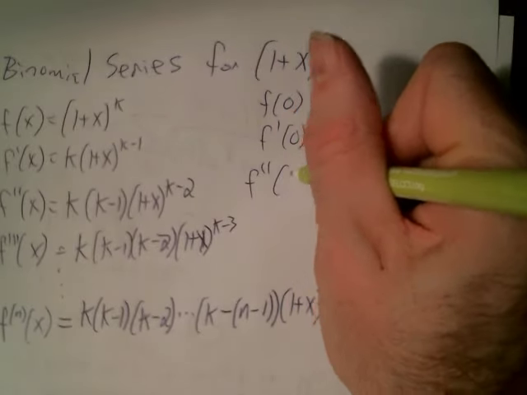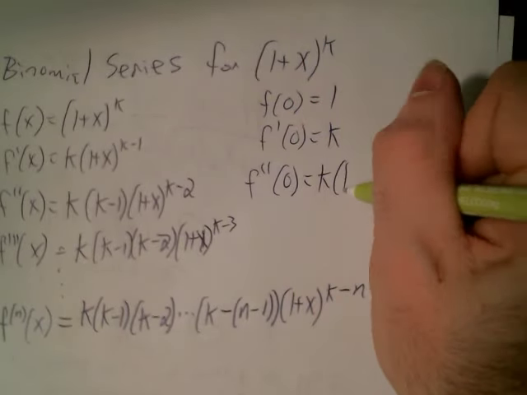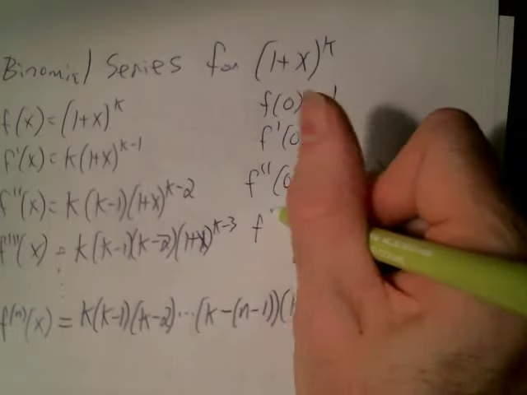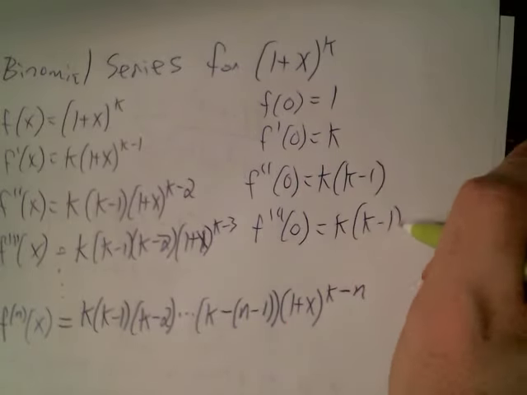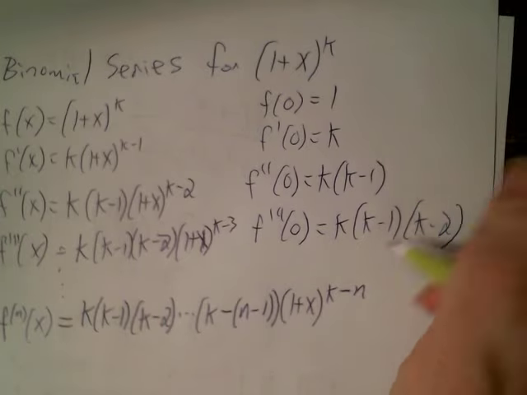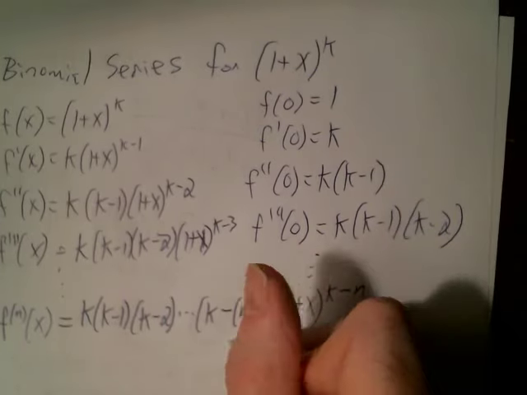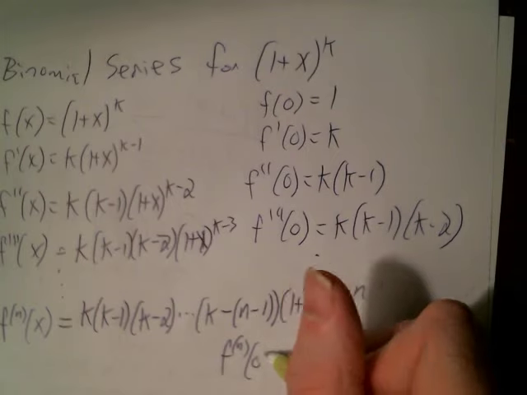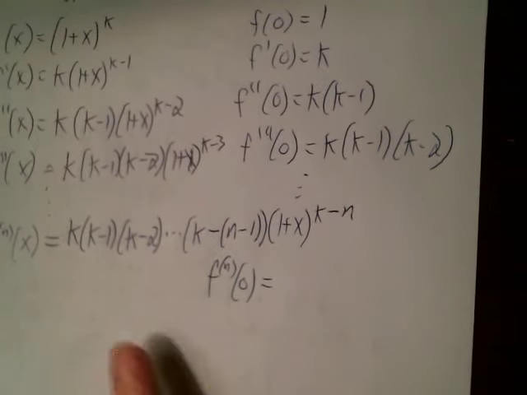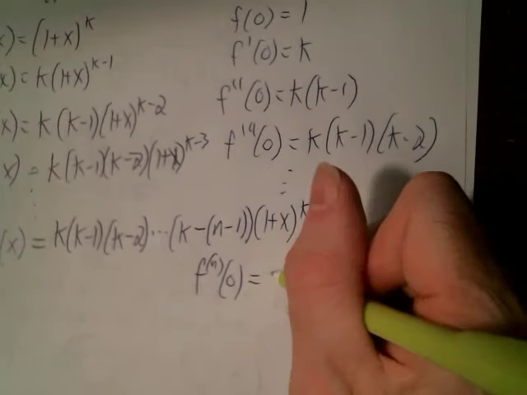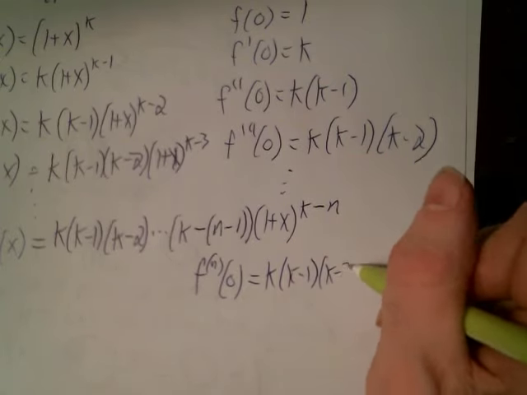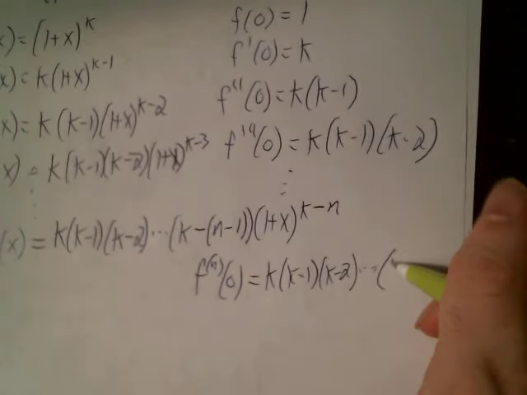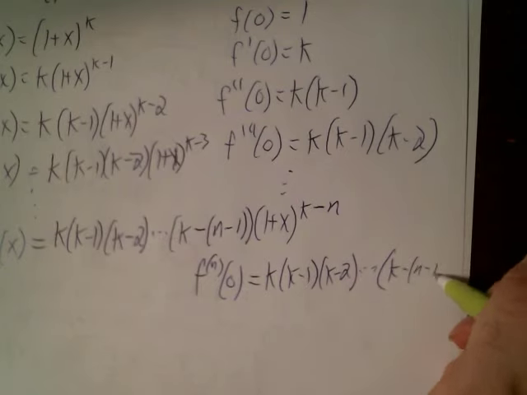F double prime of 0 is k times k minus 1. F triple prime of 0 is k times k minus 1 times k minus 2. And then in general, the nth derivative evaluated at 0 is k times k minus 1 times k minus 2 all the way down to k minus n minus 1.